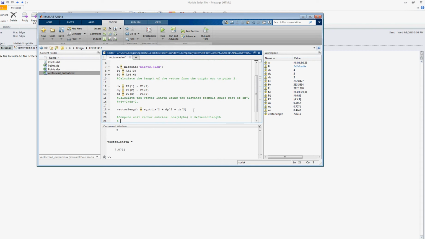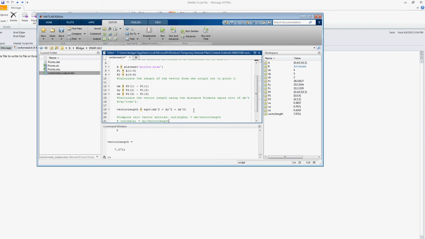We'll also say that the cosine of the angle beta, which is between the actual vector and the y-axis, is going to be what? dy divided by vector length.